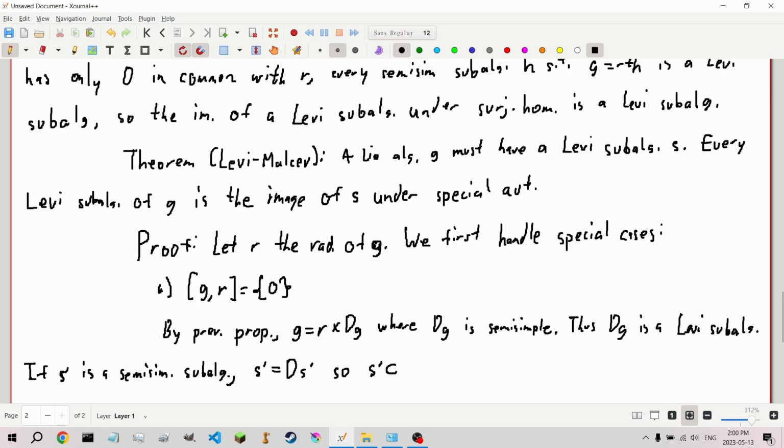So S prime is contained within the derived algebra of G, with the derived algebra of G being the unique Levi subalgebra of G.